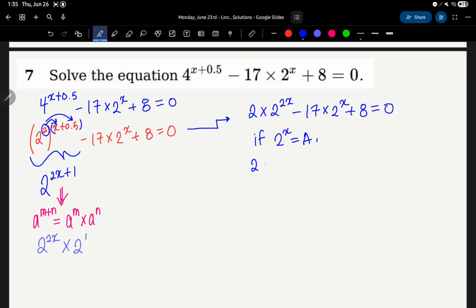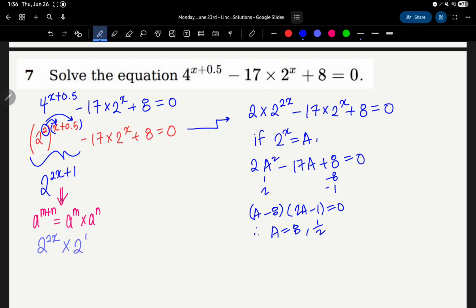You can say 2 times a squared minus 17a plus 8 is 0. So if we factorize it, it's going to be a minus 8 times 2a minus 1 is going to be equal to 0. So our two values of a are going to be 8 and 1 over 2.